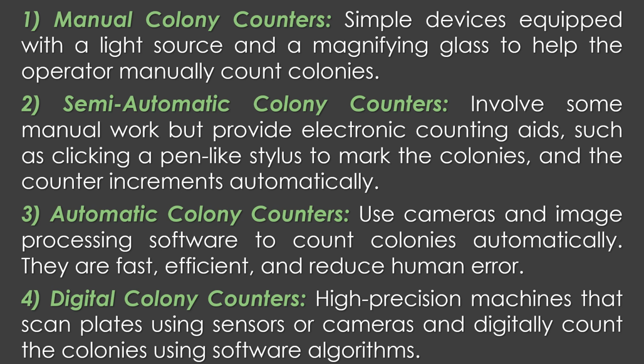The automatic colony counters use cameras and image processing software to count colonies automatically. They are fast, efficient, and reduce human errors. The fourth type is digital colony counters. The digital colony counters are high precision machines that scan plates using sensors or cameras and digitally count the colonies using software algorithms.